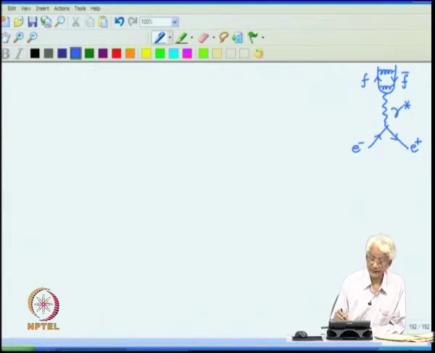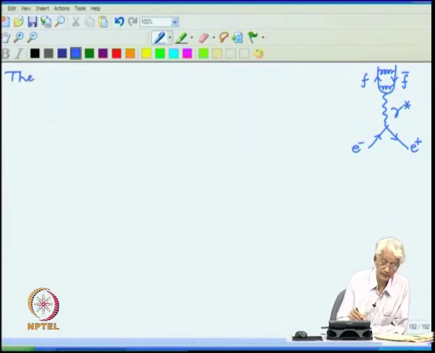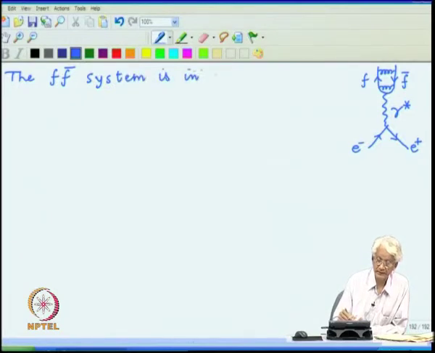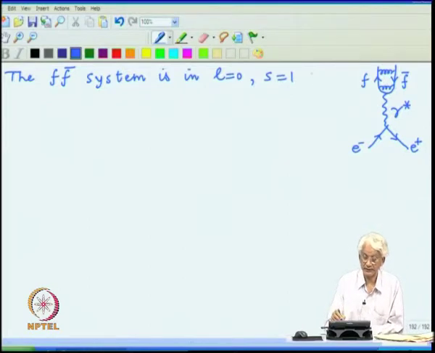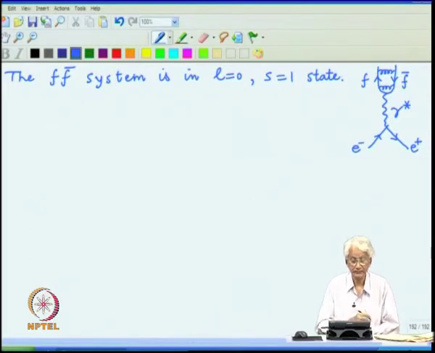And in this case, the f f bar system is in L is equal to 0, S is equal to 1 state. We have assumed that the system is non-relativistic. So, L and S can be specified separately.